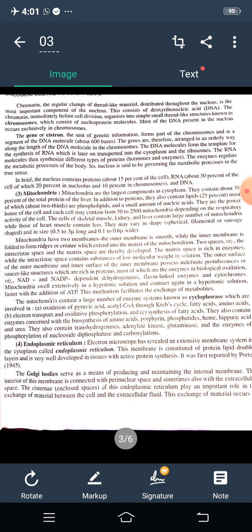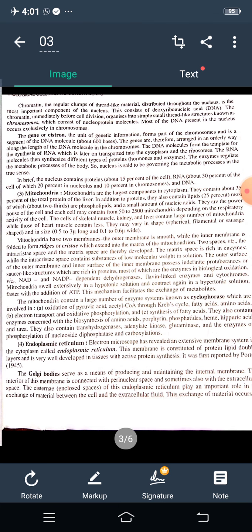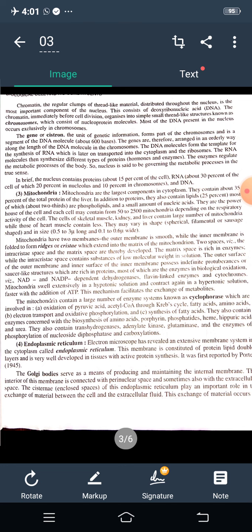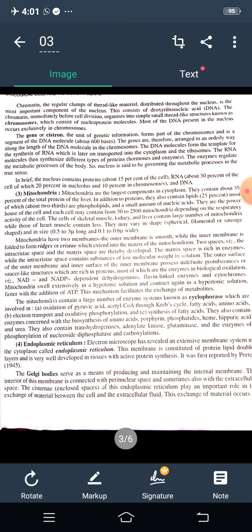It was first reported by Porter in 1945. Then Golgi bodies serve as a means of producing and maintaining the internal membrane. The interior of this membrane is connected with the perinuclear space and sometimes also with the extracellular space.